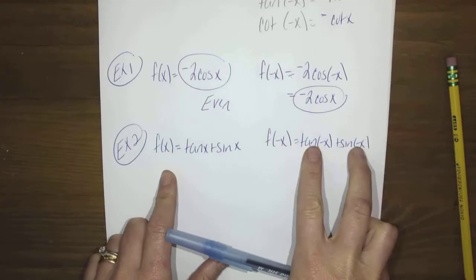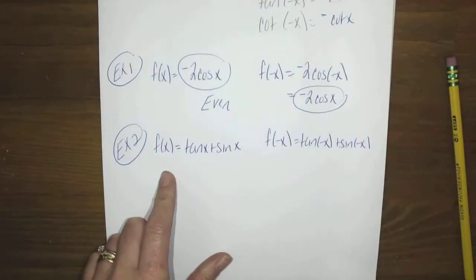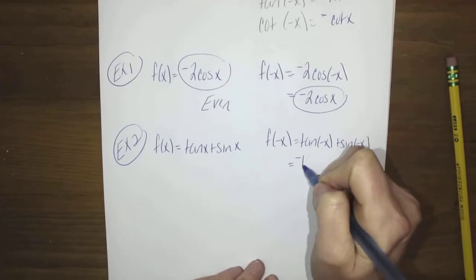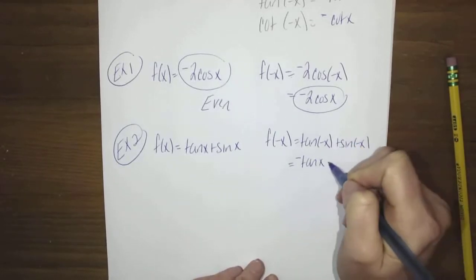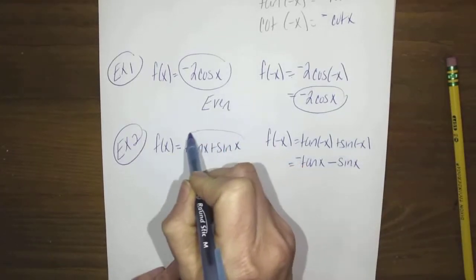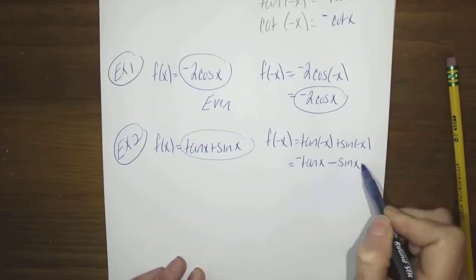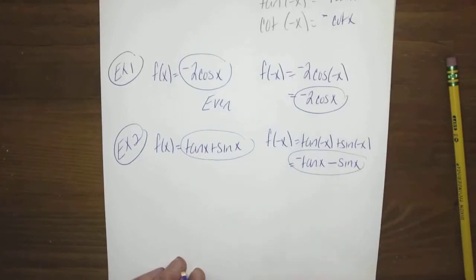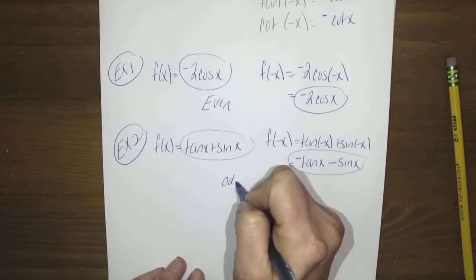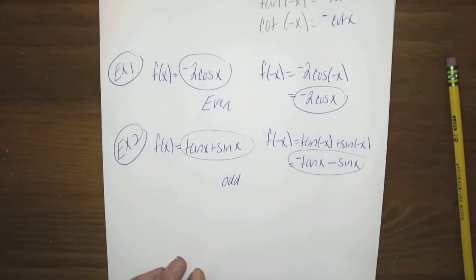Both of these are ones that I pull the negative out in front of each term. So this becomes negative tan x and negative sine x. Since both terms were positive to start, and now both terms are negative, they're complete opposites, I would say that this one is an odd function.